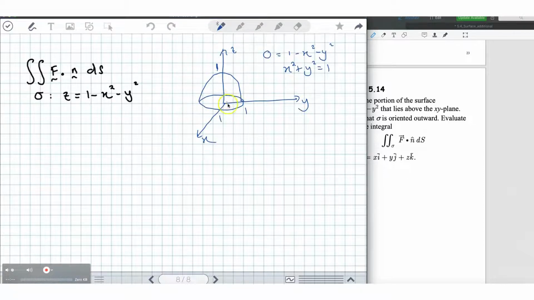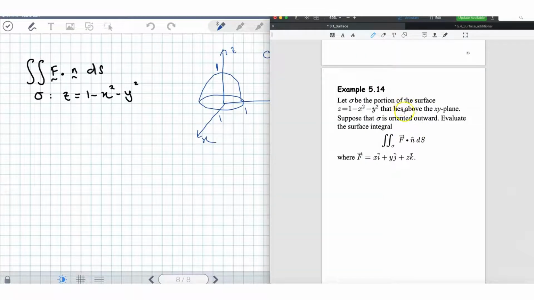Why do I have to cut the bowl by this plane? Because it stated that the surface, which is a bowl, lies above the xy plane. So meaning that you have this particular shape. This is an open surface. Okay. So suppose that your surface is oriented outward.